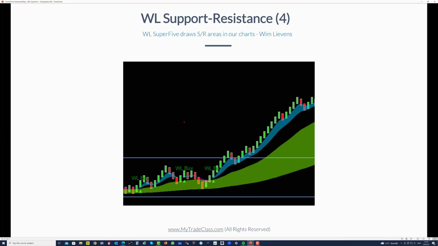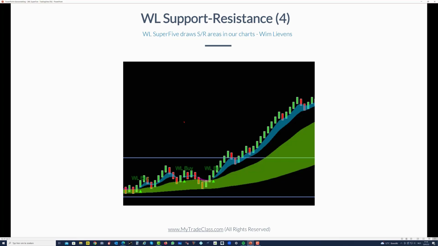And the way we do this is in the TradingView platform, and of course with the SuperFive tool, we set in an area, a support, or when it's to the downside, a resistance area. As you can see here, in this area, we need a few things to happen first before we get in. That means we are a little bit more strict.